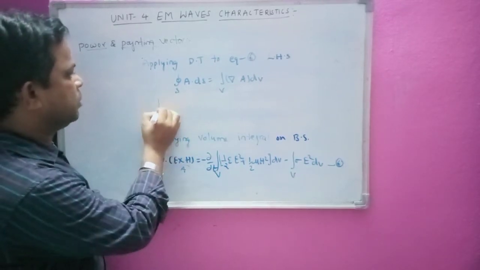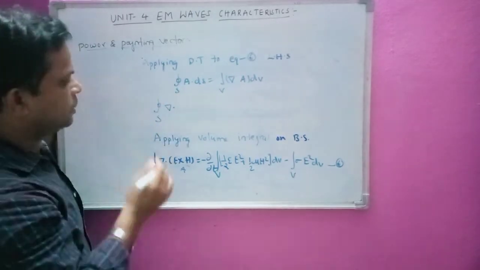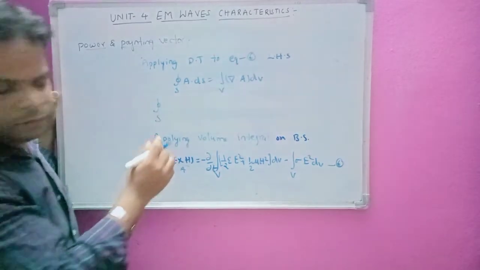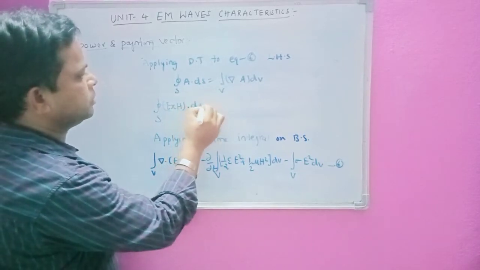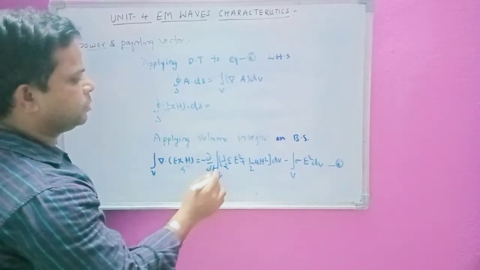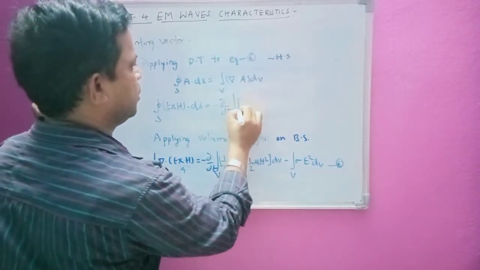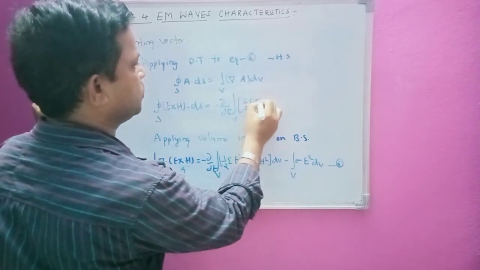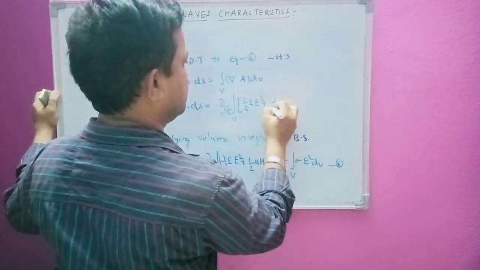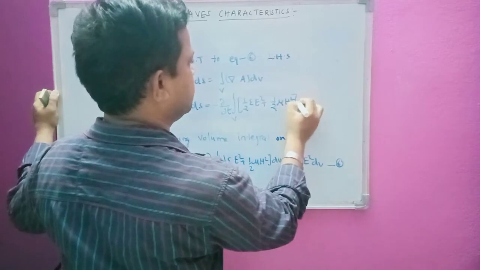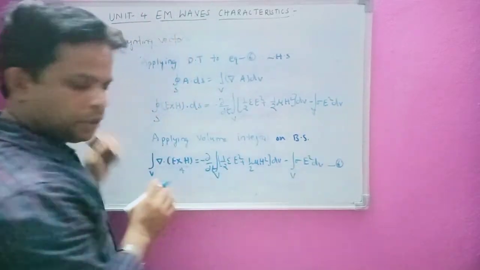I can write here the closed surface integral of E cross H dot ds, which is equal to minus dou by dou t of the volume integral of 1 by 2 epsilon E square plus 1 by 2 mu H square dV, minus the volume integral of sigma E square dV. So that is the equation we have got.